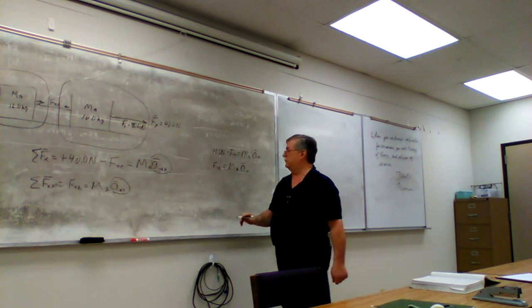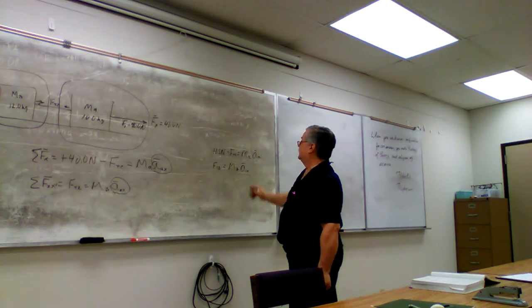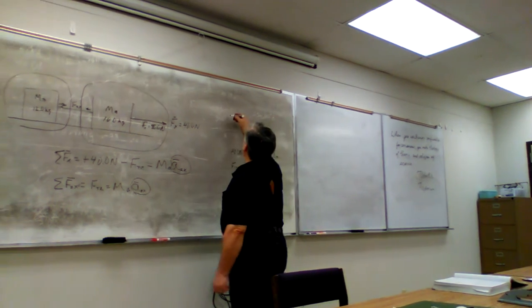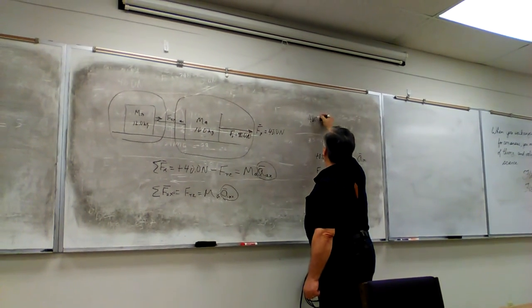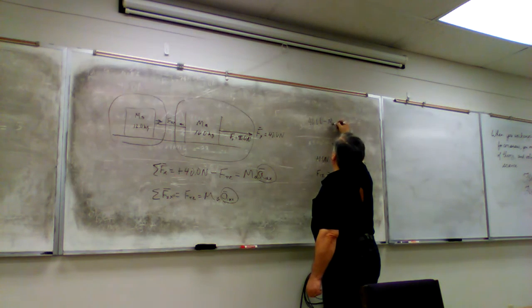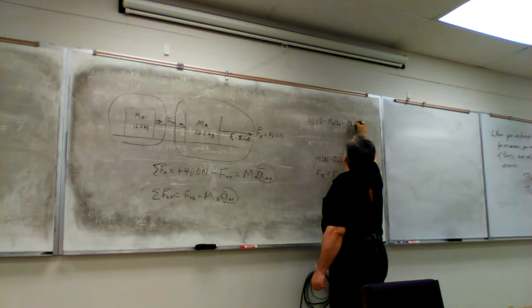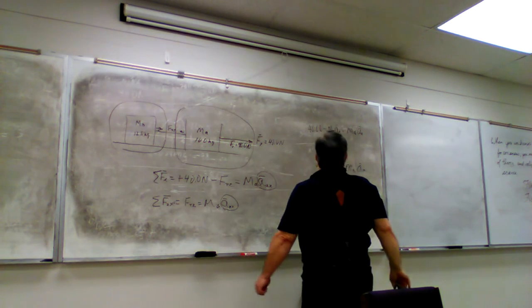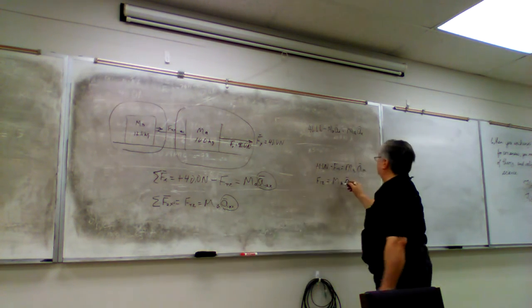The force of tension 2 is equal to mass B times acceleration in x. We substitute this in here.